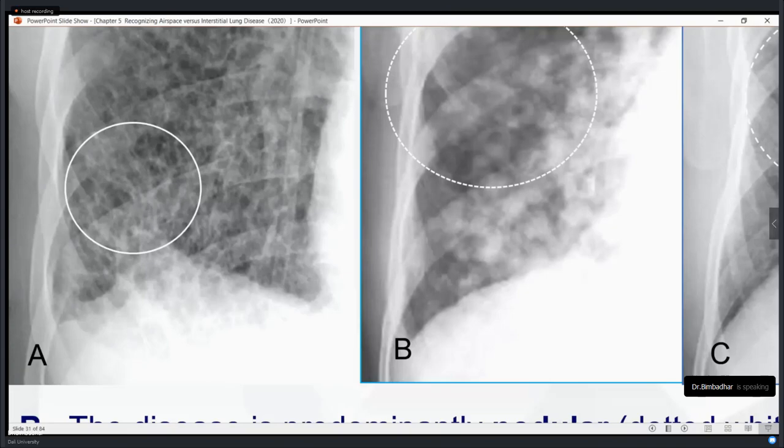And if you look closely, the pulmonary markings do not crisscross each other. Whenever you have a pulmonary marking, close to that you can also find a shadow of the bronchus itself. But here in the reticular pattern, I cannot see such a bronchus.